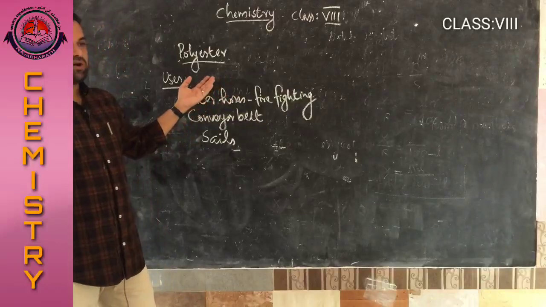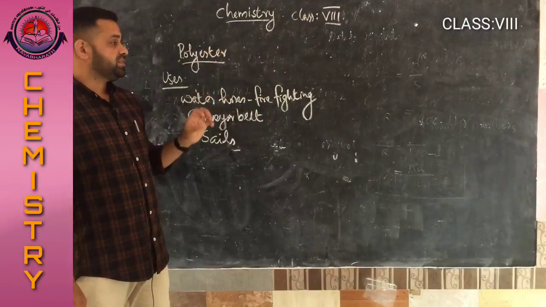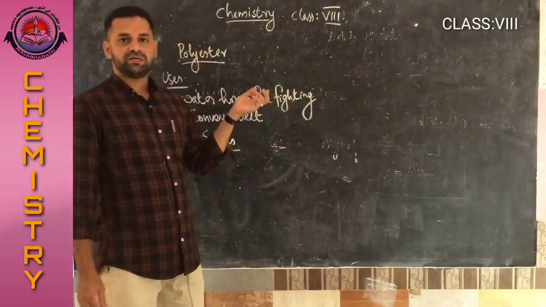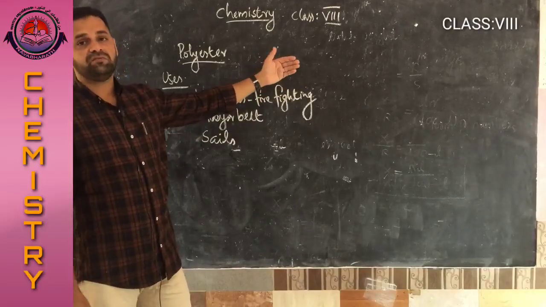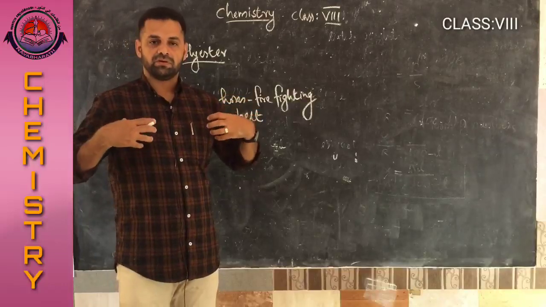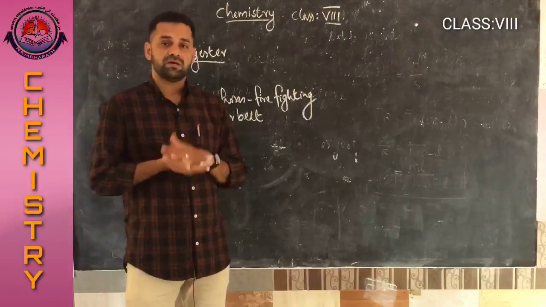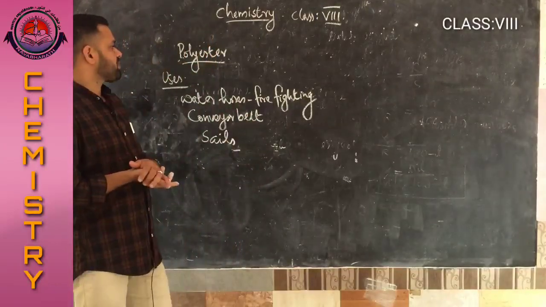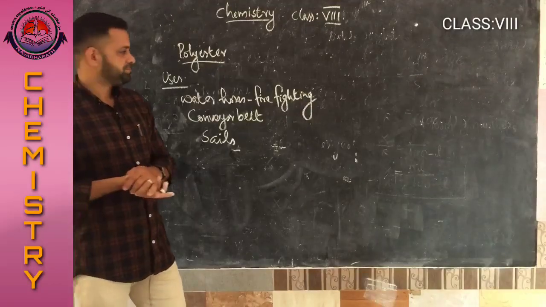We know terrycotton is a mixture of terylene and cotton that is used for making trousers, shirts, etc. And terrywool is used for making suits. So these are some of the uses of polyester fibers.